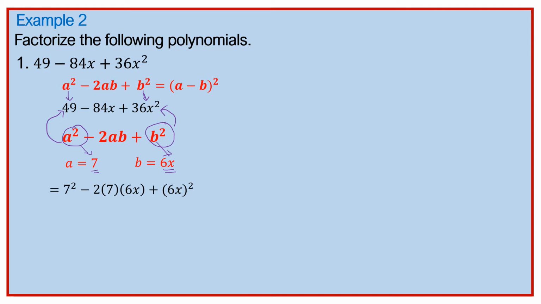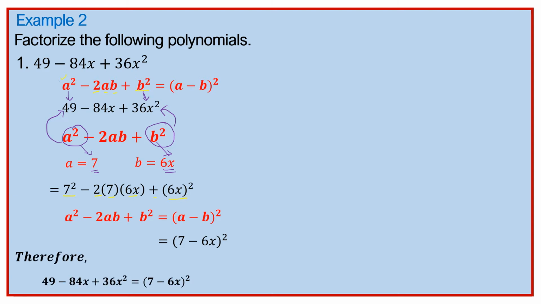So this means that we get 7 squared, which is a squared, minus 2, which is this 2, times a, which is 7, times b, which is 6x, plus b squared, which is (6x) squared, such that we come up with (7 minus 6x) squared.